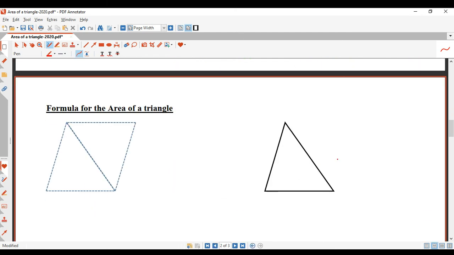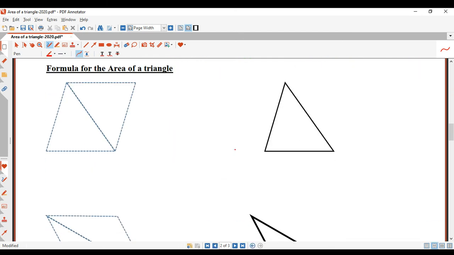All right, let's have a look at the formula for the area of a triangle. Now, here we've got a parallelogram, and in the previous lesson we looked at what the formula for the area of a parallelogram is, didn't we? Remember we said that area of a parallelogram is base times height.